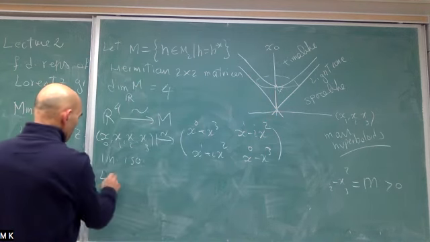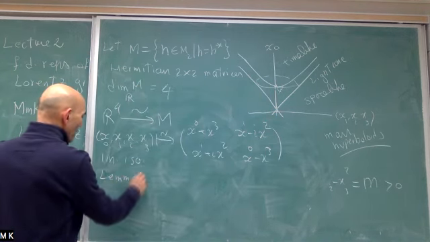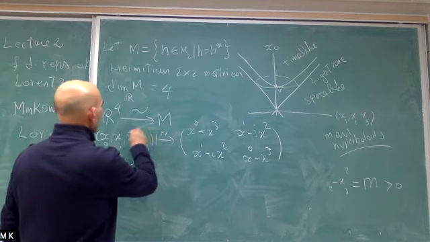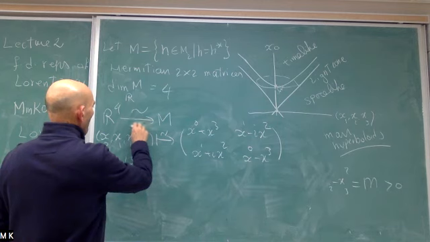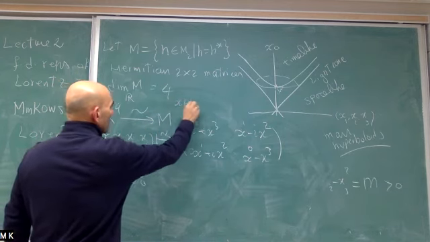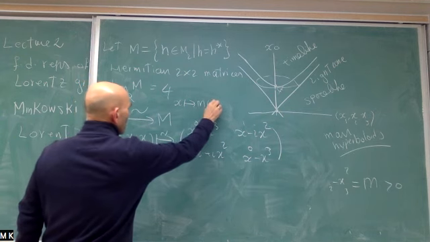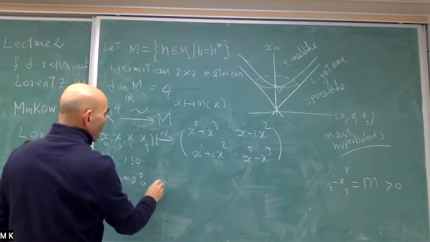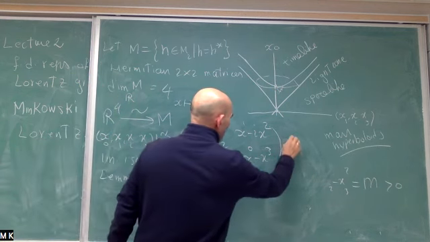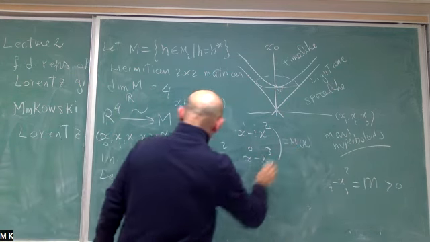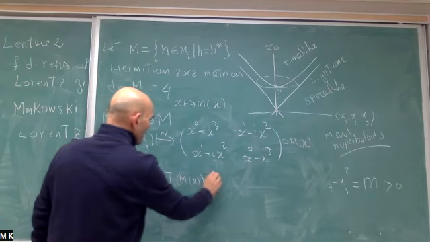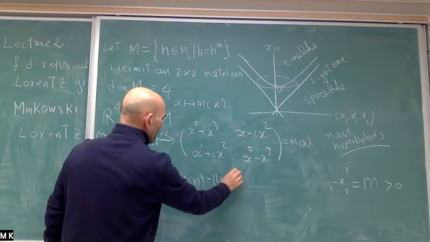There's a very easy lemma: if we call this map sending x to M of x, then the determinant of M of x is equal to the norm of x squared.